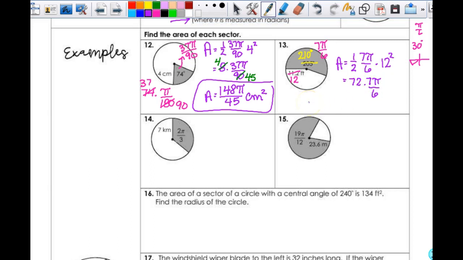Can I reduce that? Yes. How many times does 6 go into 72? 12 times. So I cancel those back. I won't have a fraction at the end. I just have 12 times 7. What's that? 84. So this is 84 pi feet squared. And if you don't know your multiplication facts, that doesn't go quite as quickly. You need to know those.